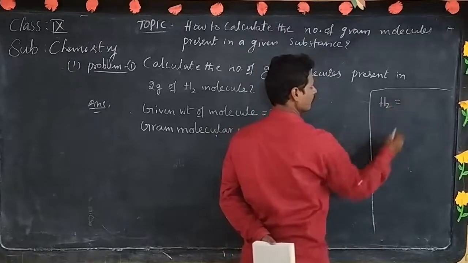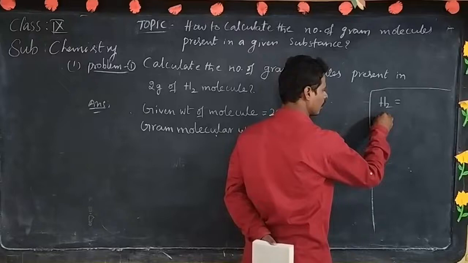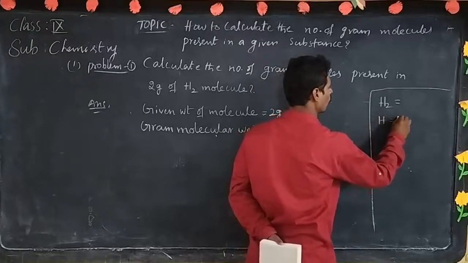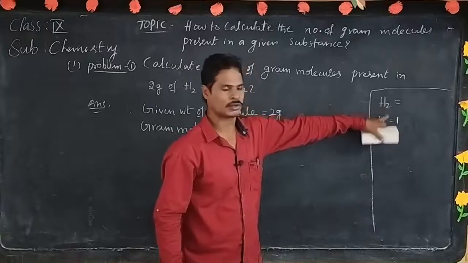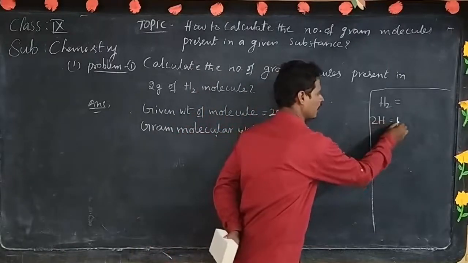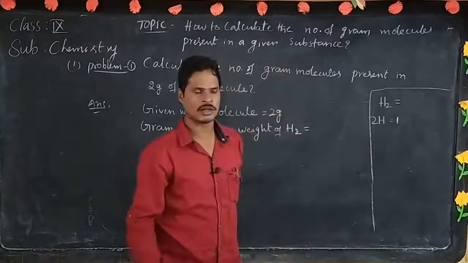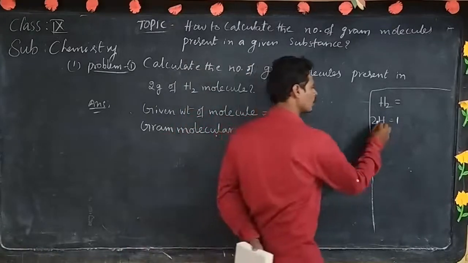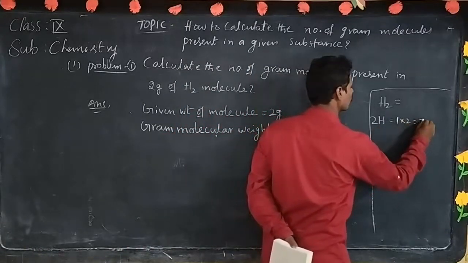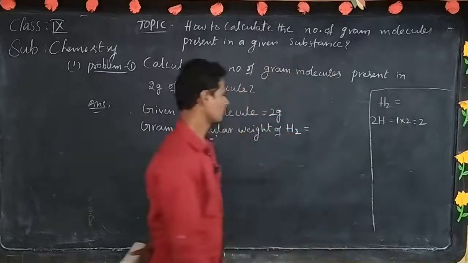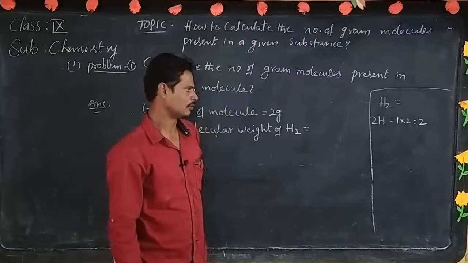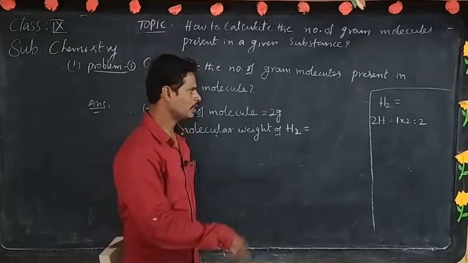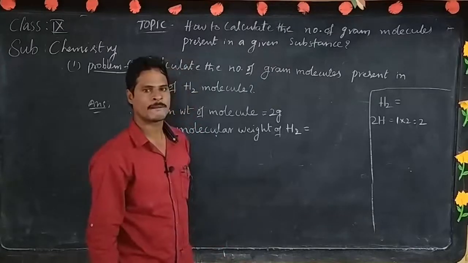Hydrogen atomic weight is 1. But here how many hydrogens are there? 2 hydrogens. 1 hydrogen atomic weight is 1, 2 hydrogens equal to 2 into 1, which is 2. So the molecular weight of H2 molecule is 2.